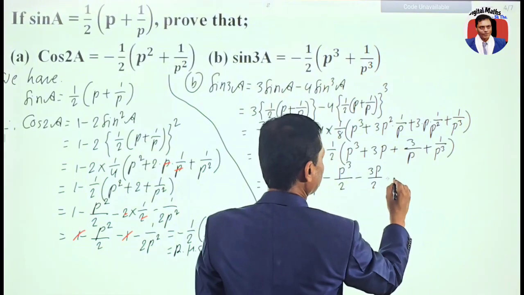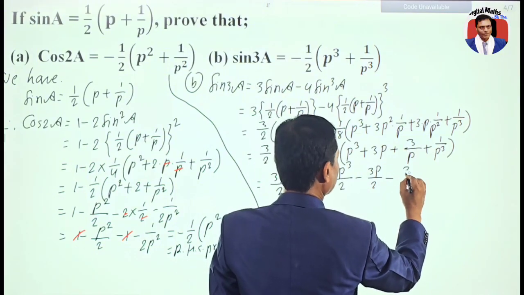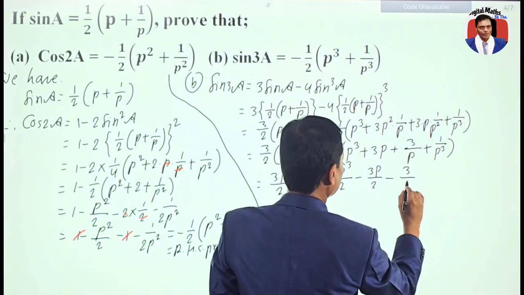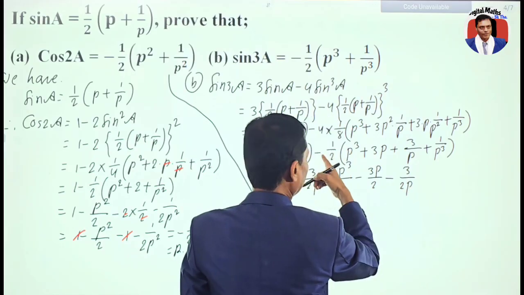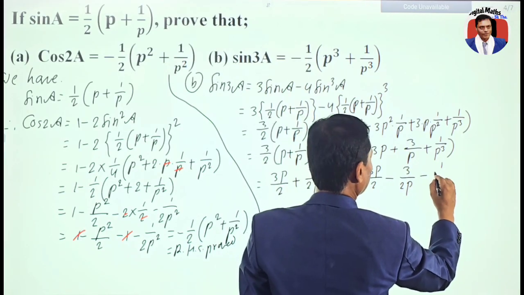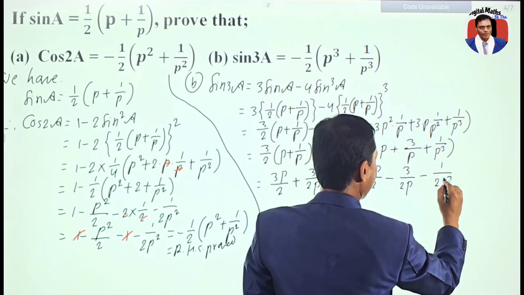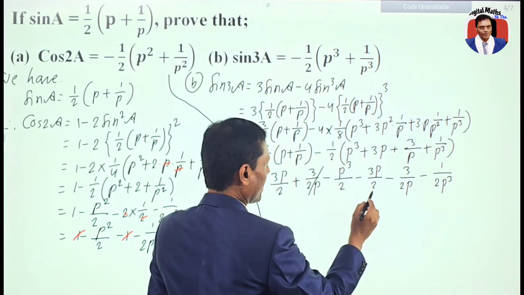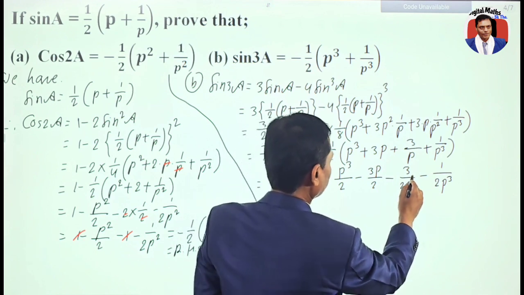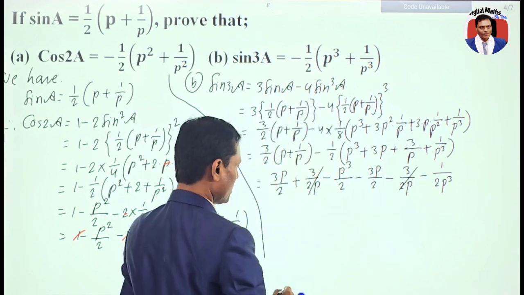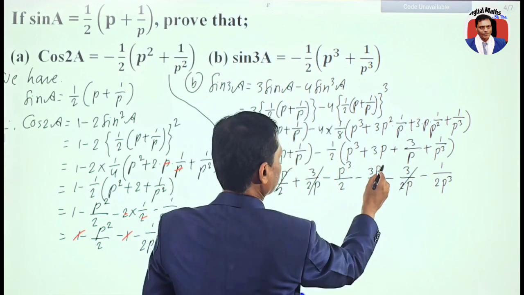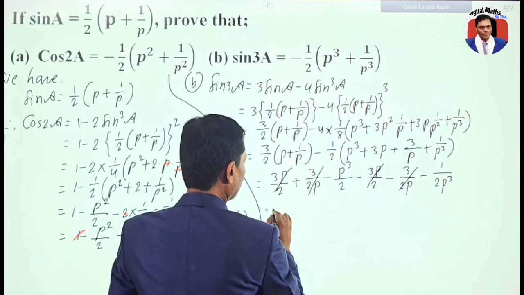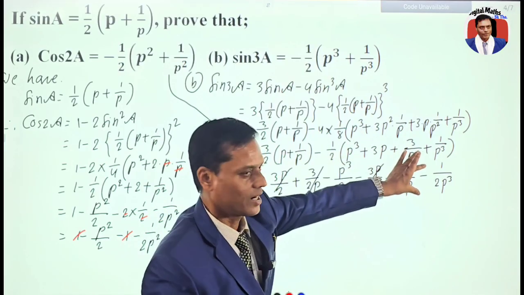again plus minus minus 3 over 2p. Here minus plus minus, we can write here 1 by 2p cube. Again you can see 3 over 2p and 3 over 2p. Okay, here plus and minus will be cancelled, and here also this will be cancelled, plus and minus, and then remaining we will have here this part and that part, isn't it?